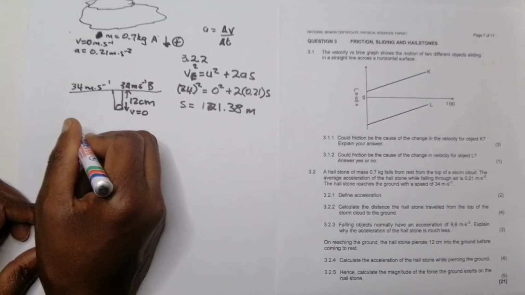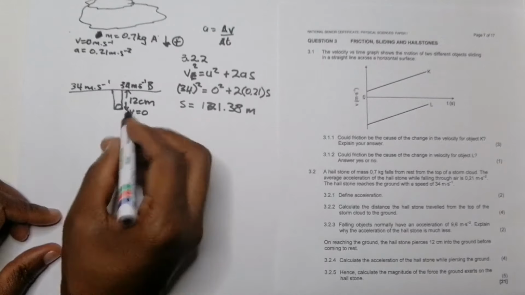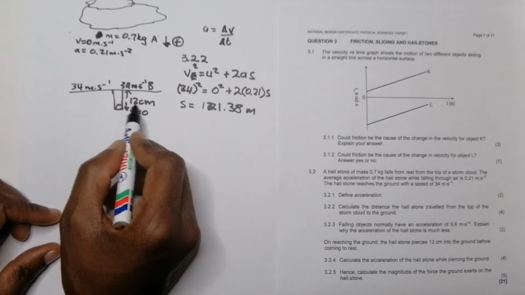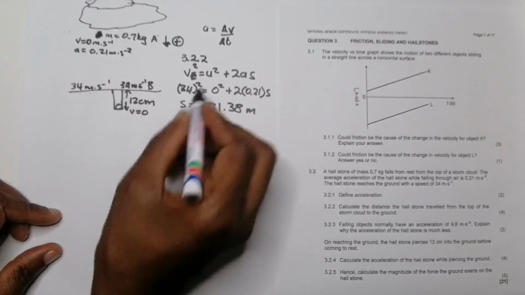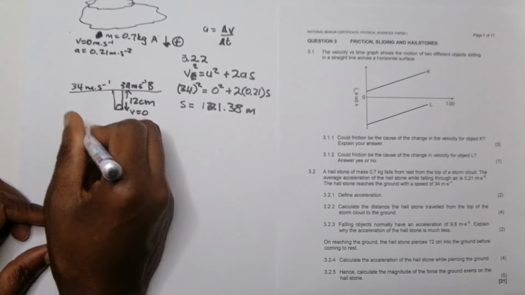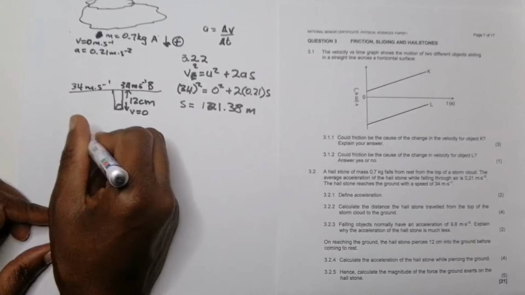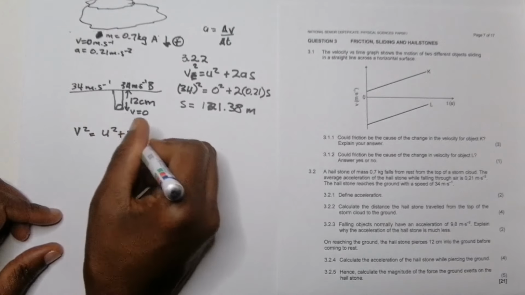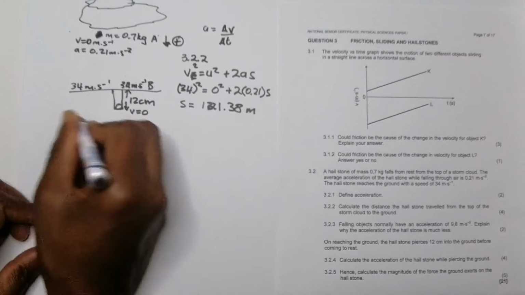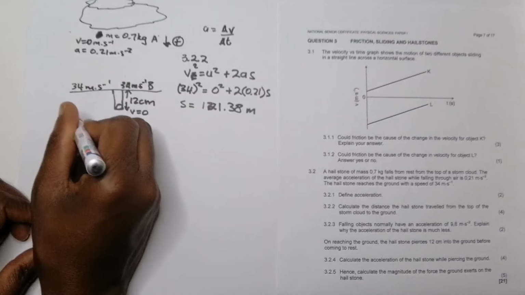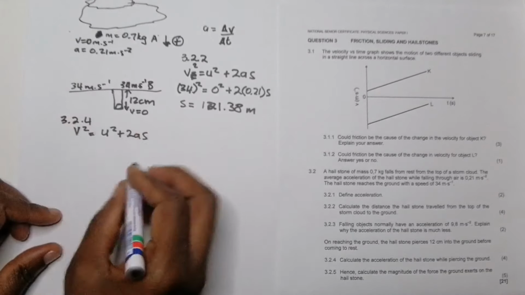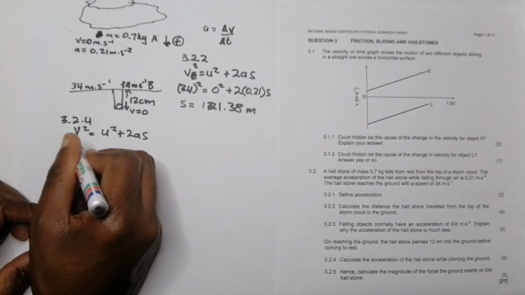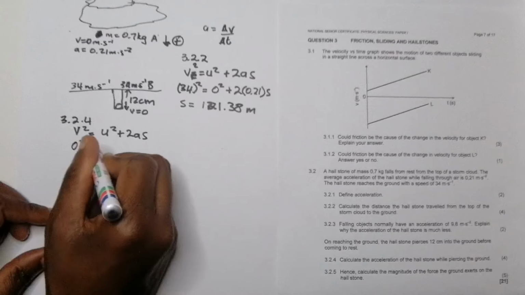Right, we're looking for the acceleration. So I've got initial velocity, final velocity, and distance, and I'm looking for the acceleration. We're going to use the very same equation of motion. So v squared is equal to u squared plus 2as. Our final velocity this time around was 0.